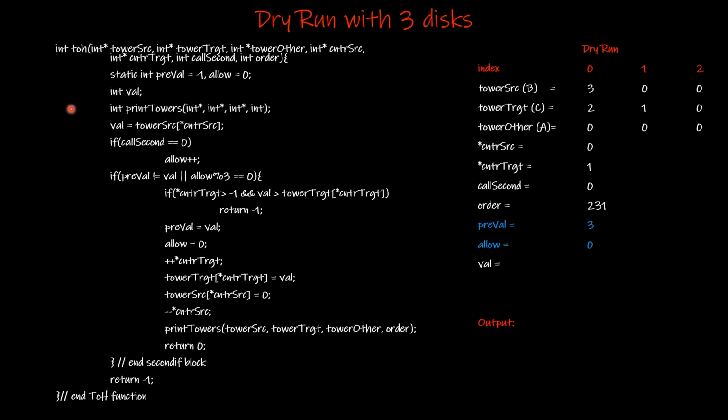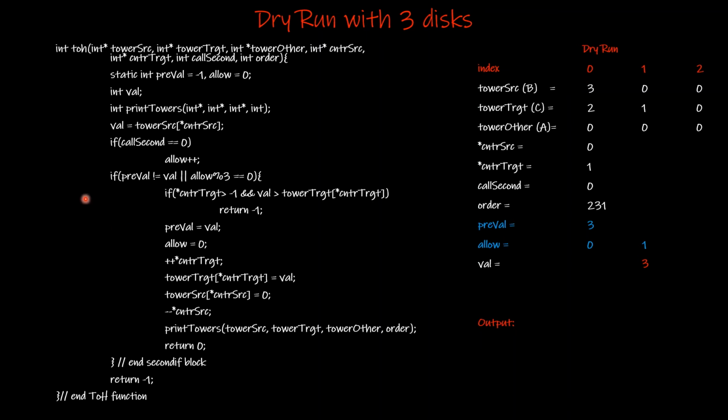Val is assigned a value of tower source at counter source, and therefore it is going to have this particular value 3. So val is assigned value 3. Next condition is checked. If condition call second equals 0, this is 0, so allow is incremented by 1, so allow becomes 1.